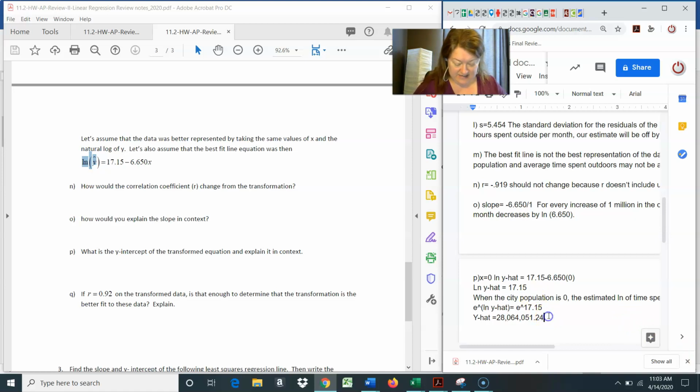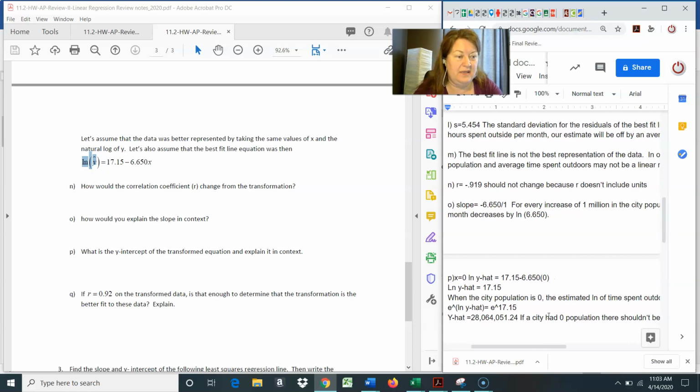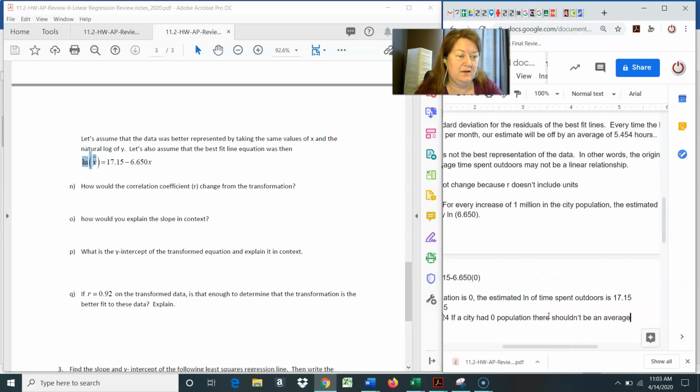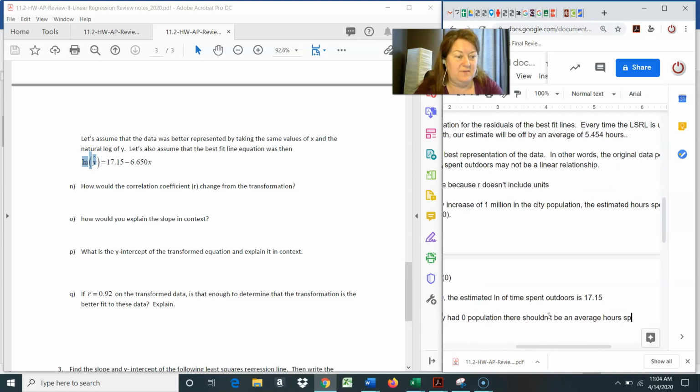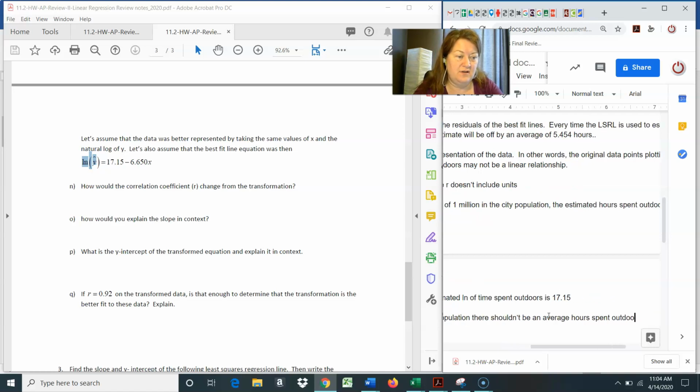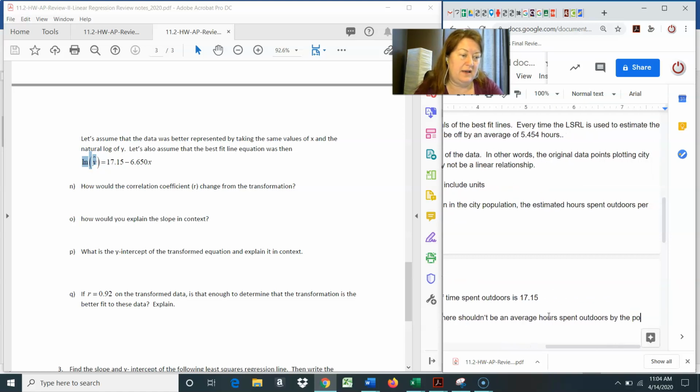So explain it in context. Explaining this one in context, we would be saying something like, it's still ridiculous, right? So we'd be saying that if a city had 0 population, there shouldn't be an average or mean hours spent outdoors by the population.